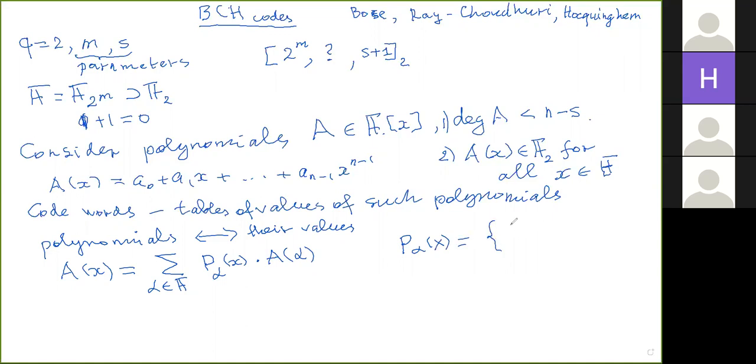It is 1 for x equal alpha, and it is 0 for all the remaining x. And for each alpha, we can construct such a polynomial of degree n minus 1.